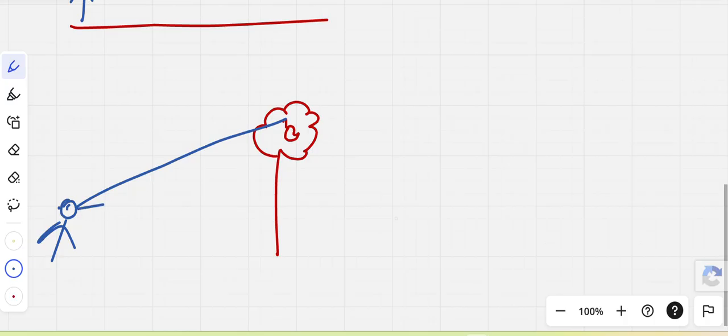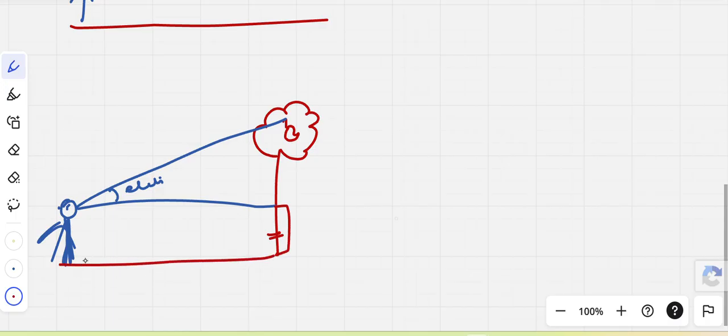So what angle is it? It is the angle of elevation. If it is like this, they will always tell you the height of the person. So remember, this part will be equal to the height of the person. Is that clear? And this line will be parallel to this.